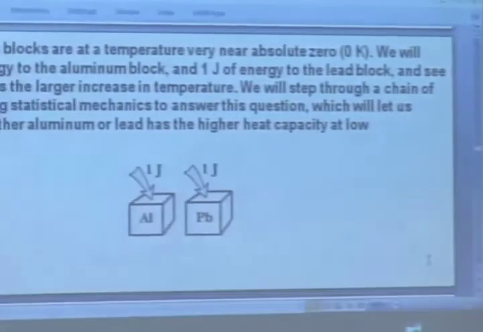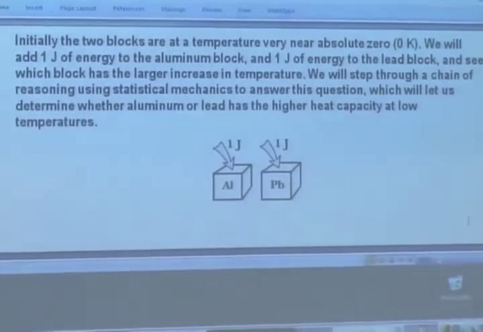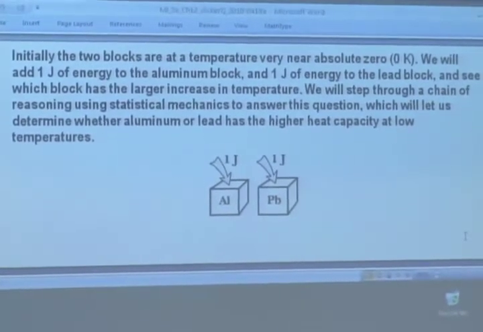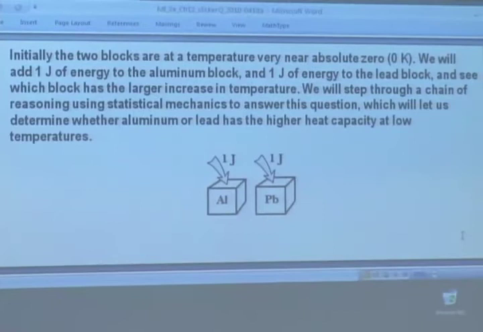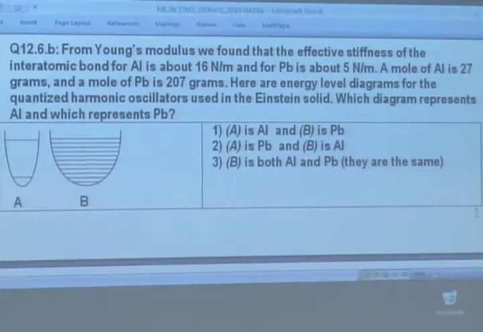And so we're going to think about, at this low temperature, what we want to end up predicting is which one of them should have the bigger specific heat capacity. So we're going to put 1 joule of energy in each block. Now, 1 joule of energy isn't the same number of quanta for aluminum and lead.